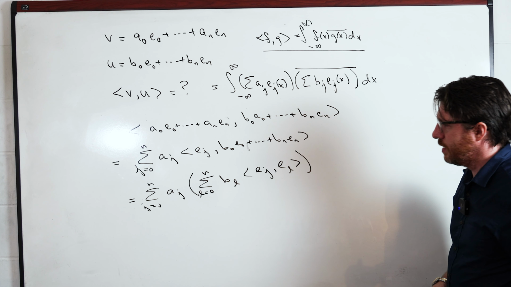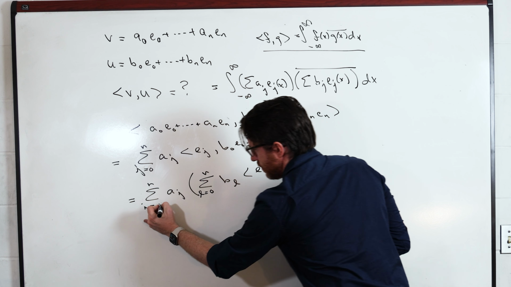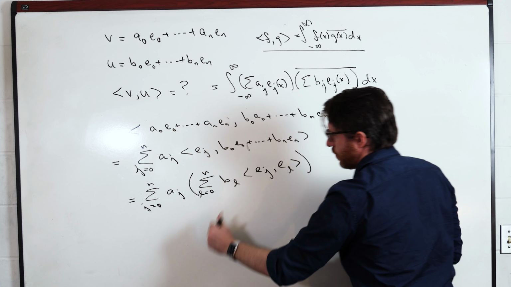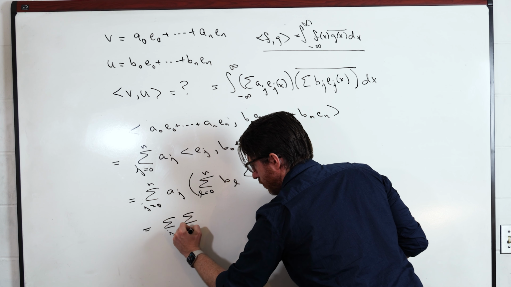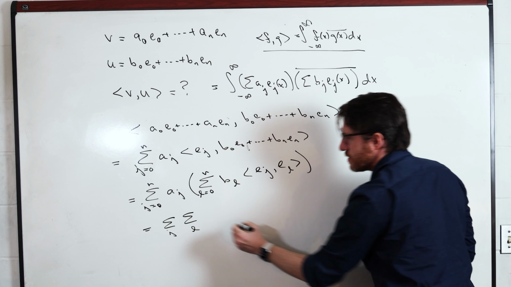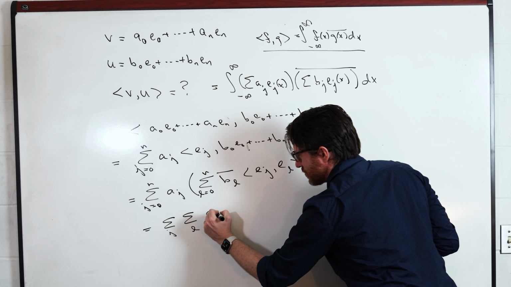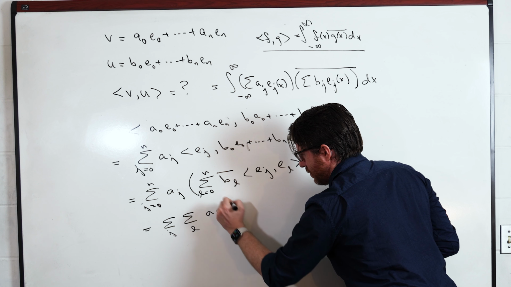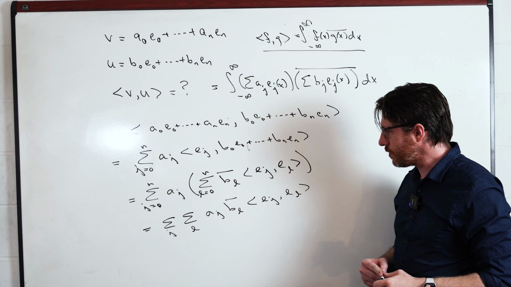Boom. And so these sums are independent of each other, so I can just move that sum all the way out. And so we're going to have the sum over J, the sum over L. I'll suppress the actual indices. Oh, and this should have come with a conjugate. Sorry about that. So we're going to have AJ times BL conjugate times EJ against EL.